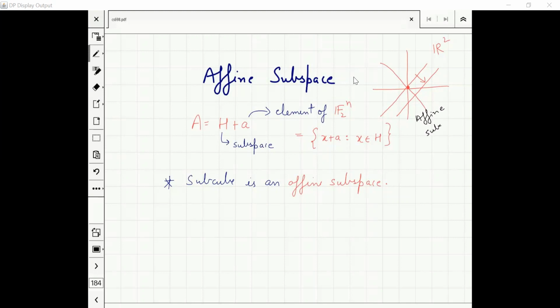These are in some sense translated subspaces. That means every element of an affine subspace A can be written as H plus a. Here H is a subspace, like a line passing through the origin, and a is the translation.